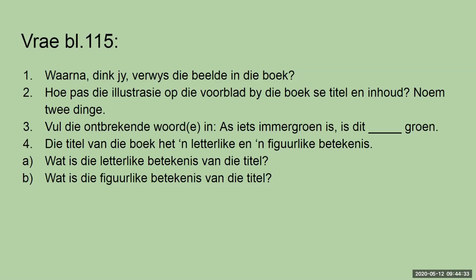Die figuurlike betekenis, the figurative meaning, is the one that's not so obvious. Okay? So say for example, we're still on the evergreen example. If I talk about a person or character as being evergreen, I'm saying they're sort of timeless. They don't lose their leaves figuratively, okay?